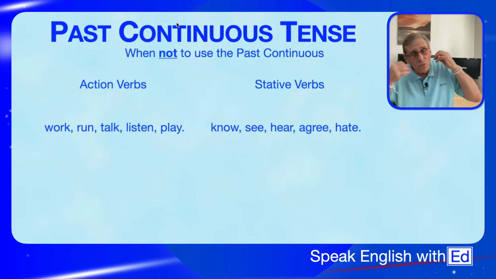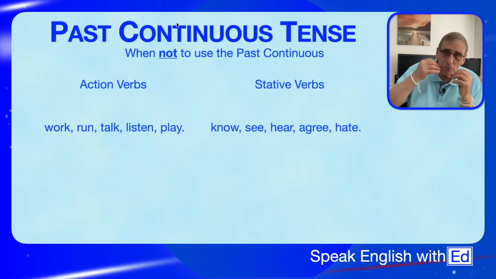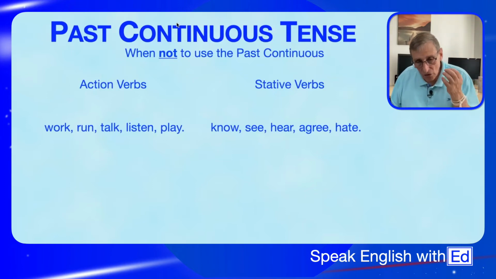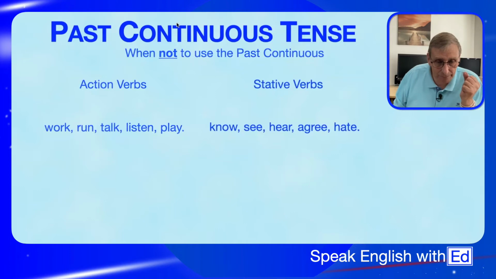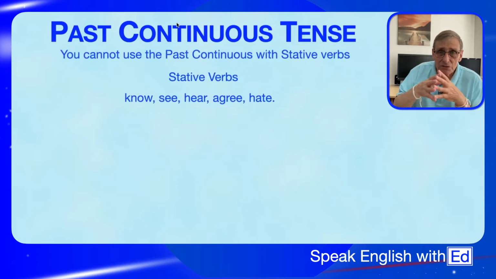You don't do these things as an action, but they're a status, a state of mind, a state of being. So they're called stative verbs. And you cannot use the past continuous tense with stative verbs.